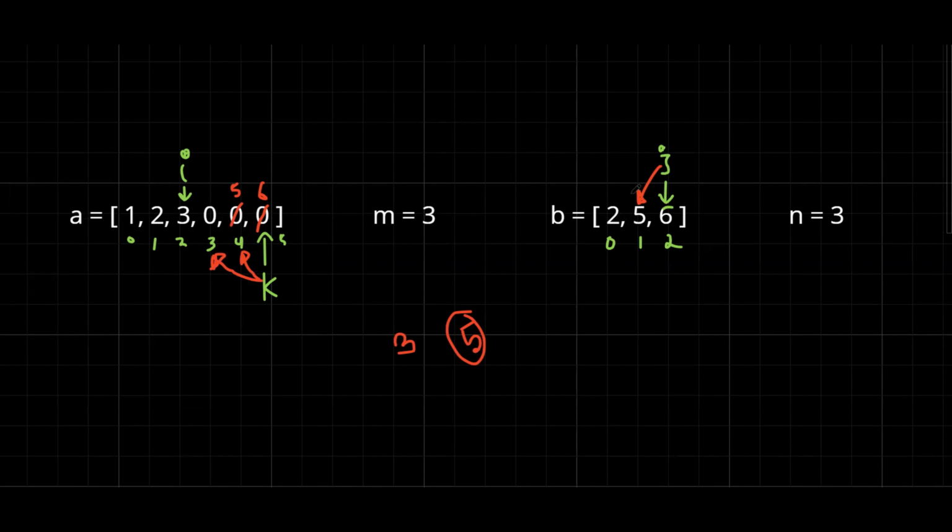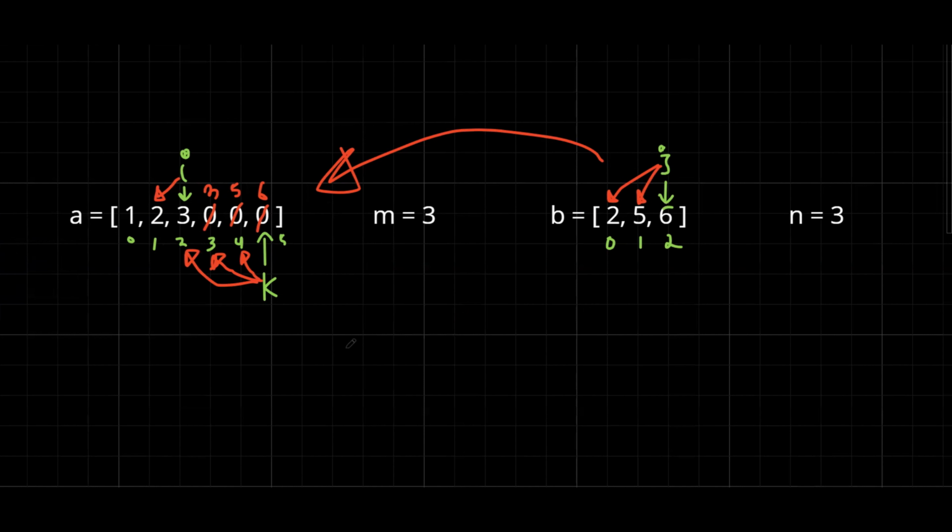Now, we have to again update our pointer j from this element to this element. Now, the value at the ith index is 3 and the value at the jth index is 2, and between these two, 3 is greater. So we have to put 3 here.